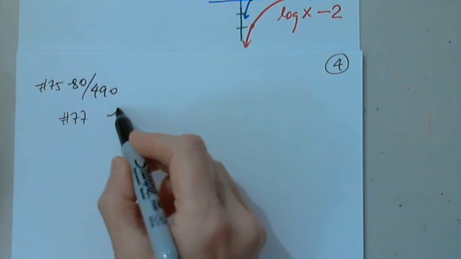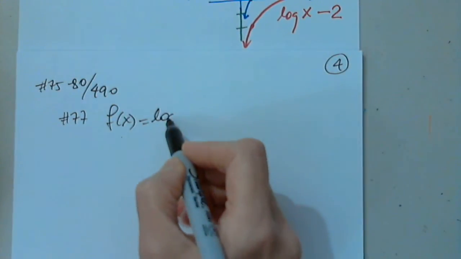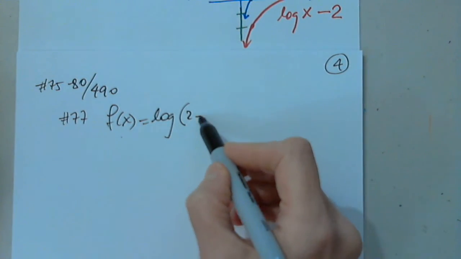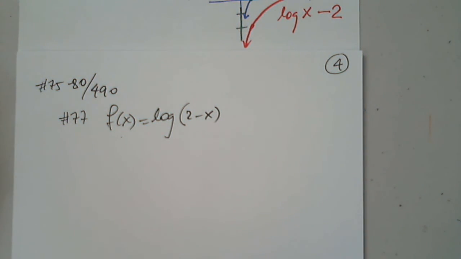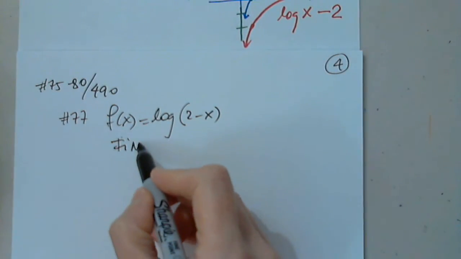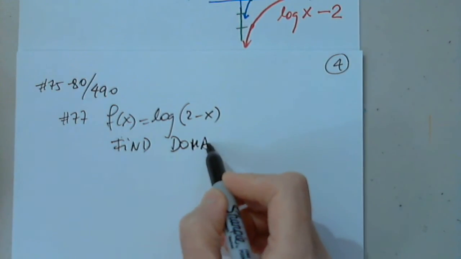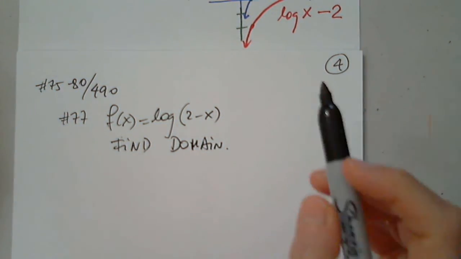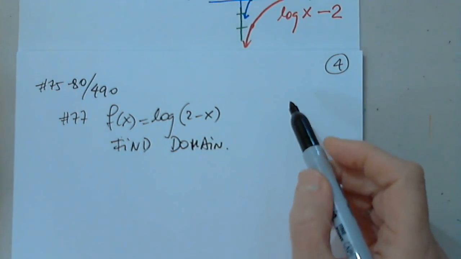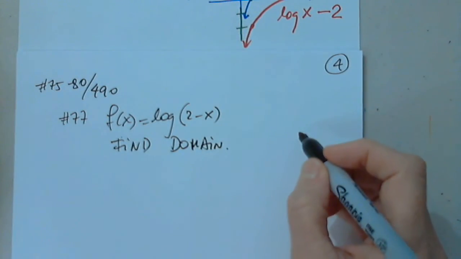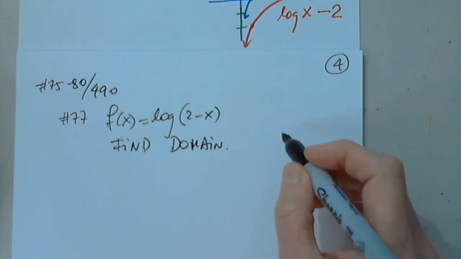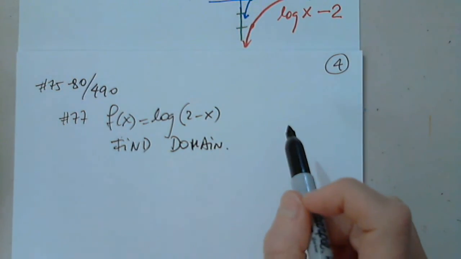Thank you for picking. f of x equals common log of parentheses 2 minus x. Awesome. So the problem is asking us to find the domain. What do I have to write? What is the condition that I have to write and then solve and then find the domain? What will you tell us to write?